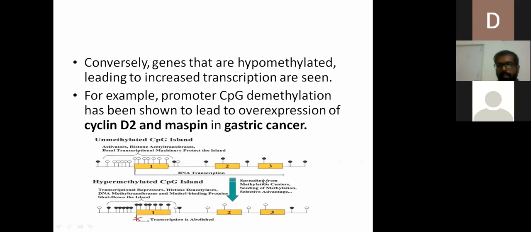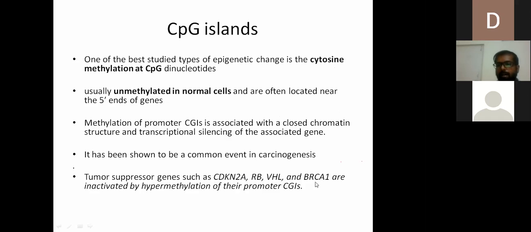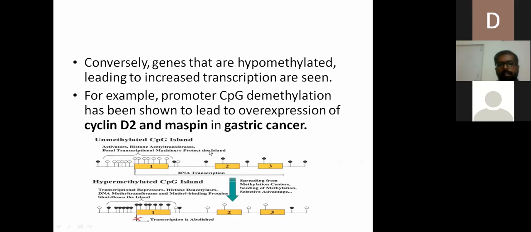So I told in retinoblastoma, BRCA, breast cancer, and melanoma, usually hypermethylation of the CpG occurs, which mutates these genes. But here in gastric cancer, what happens is that demethylation occurs. Normally it is methylated, okay, but as a pathological process, demethylation occurs, and it causes overexpression of the cyclin D2.